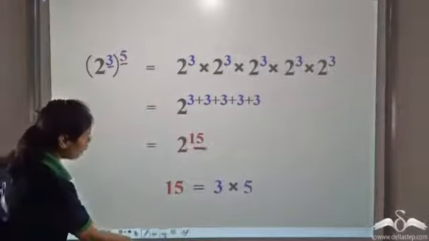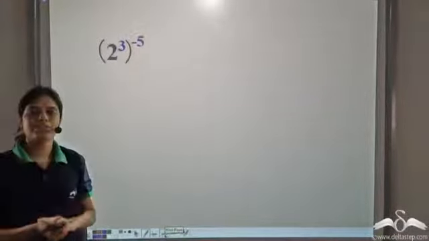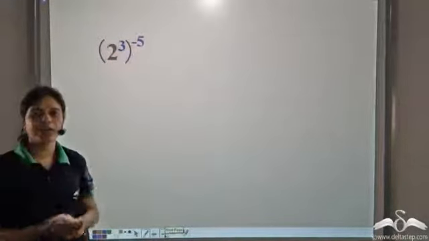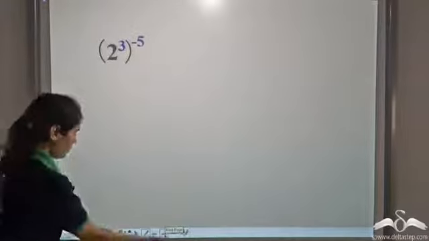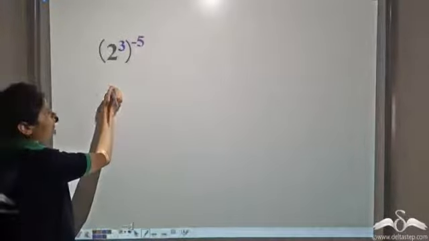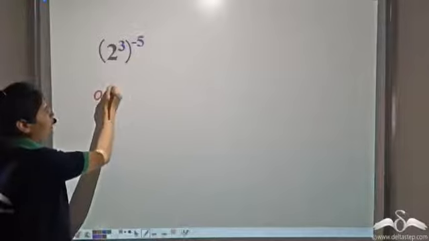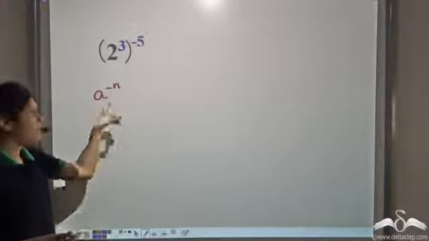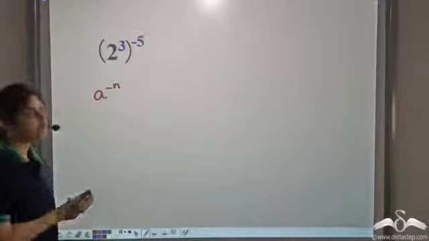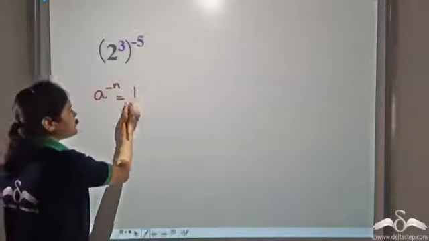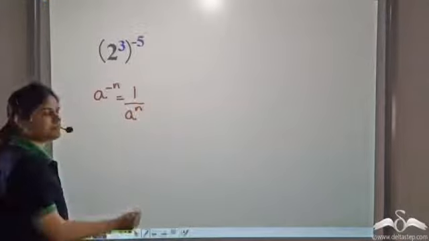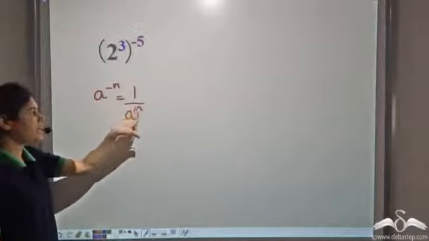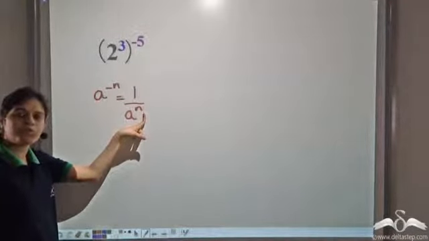Now let us see what happens if one of the powers is negative. So we have 2 to the power 3 whole raised to negative 5. Recall that if we have a to the power negative n, so we have an exponential number in which the power is negative, we can write it as 1 divided by a to the power n. So this goes in the denominator and the sign changes, the power becomes positive.